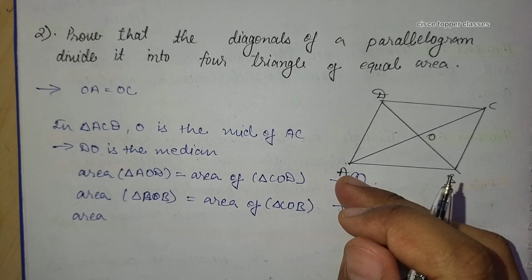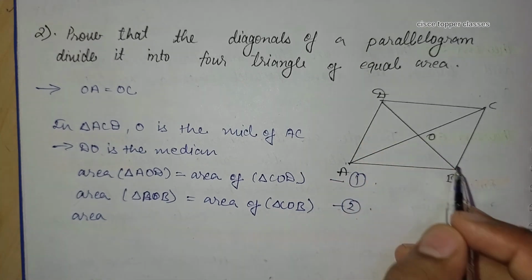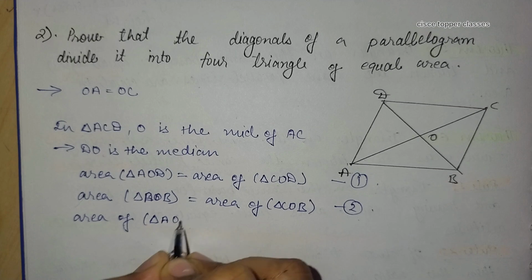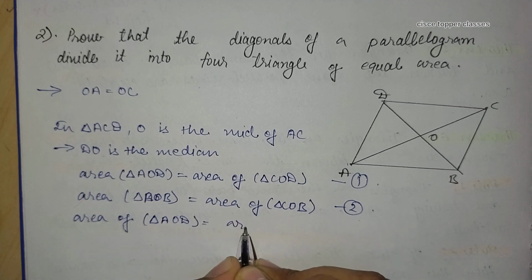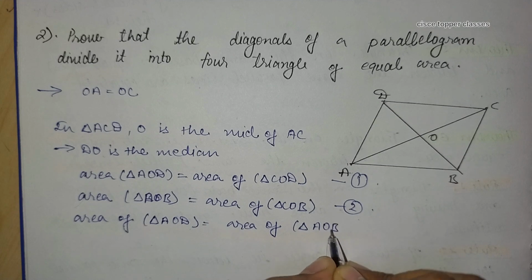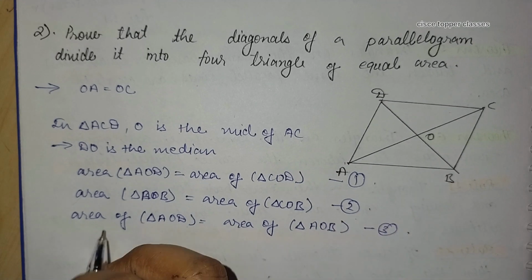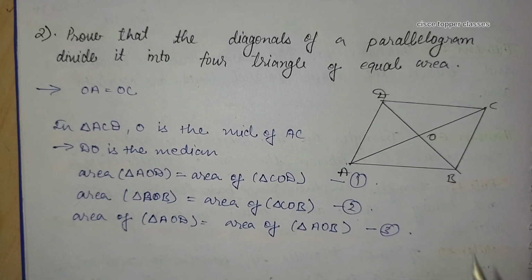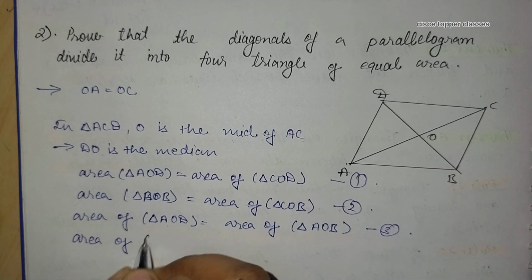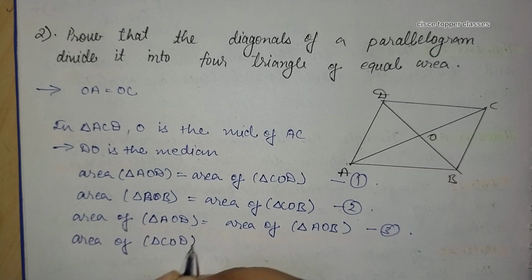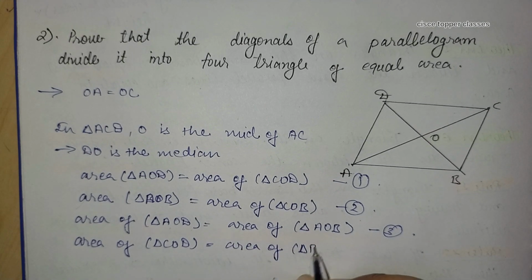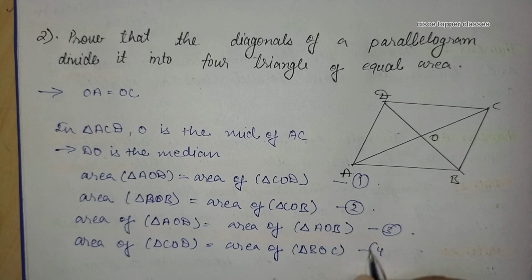Now in triangle ADB, the area of triangle AOD is equal to the area of triangle AOB. Let it be the third equation. Now in triangle CDB, the area of triangle COD is equal to the area of triangle BOC. Let it be the fourth equation here.